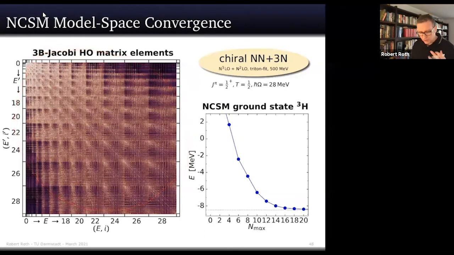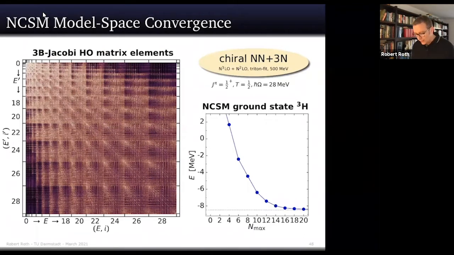Now the specific case of a relative coordinate harmonic oscillator basis. And we discussed the effect of the SRG transformation itself. But actually what we did then was a no-core shell model calculation by using this matrix or little submatrices, which I cut out according to the total energy quantum number, this E, in my three-particle harmonic oscillator basis, and I solved the eigenvalue problem of this matrix.